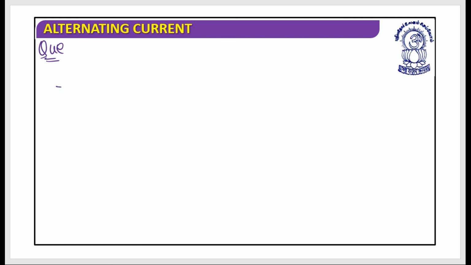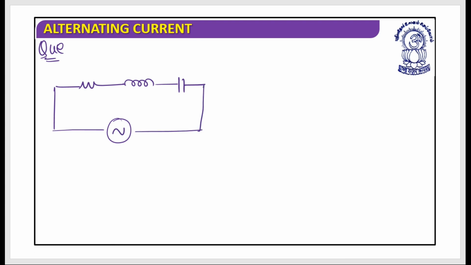Now let's check a question based on this. Let's suppose I have been given a certain circuit. This R, this L, and this C are given, and the supply has also been given. The voltage across the inductor is 50 volt.